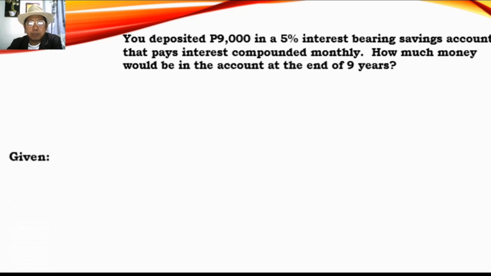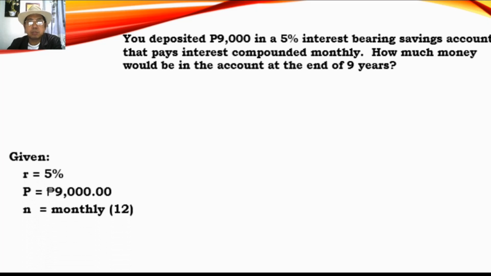Let's continue. So you will notice we have the same given. So rate is 5%, principal is 9,000 pesos, mode of conversion is 12 times, and the period or the time is 9 years. And so what would be the final amount of 9 years if the mode of conversion is monthly?